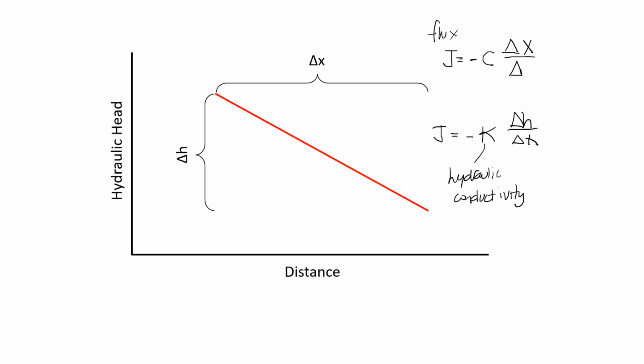Let's call it the change in S for stuff with respect to X. So S might be temperature to drive heat. S might be head to drive groundwater flow. S might be voltage to drive current, or S might be concentration to drive mass. But it's all the same formula with just different variables for J and C and S.